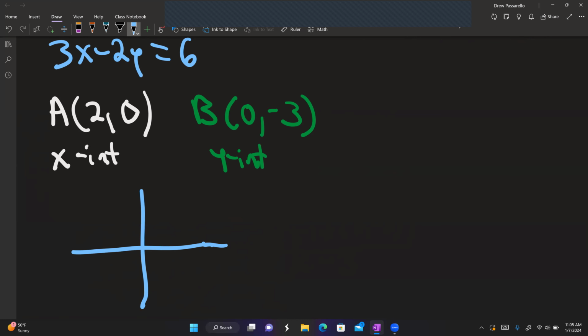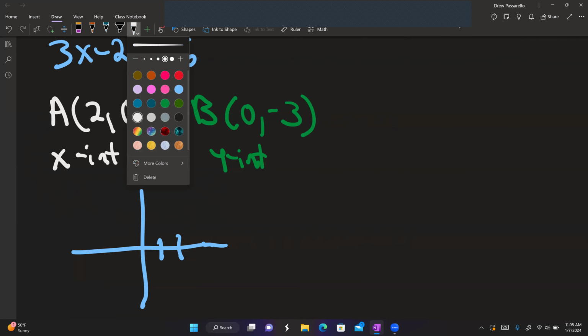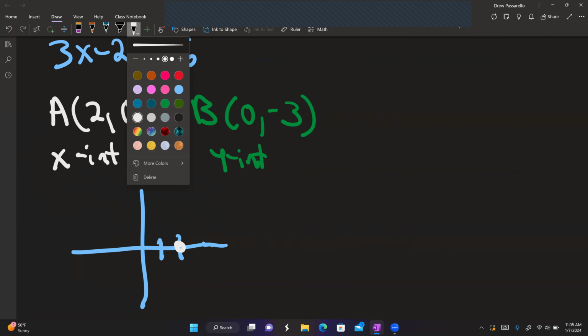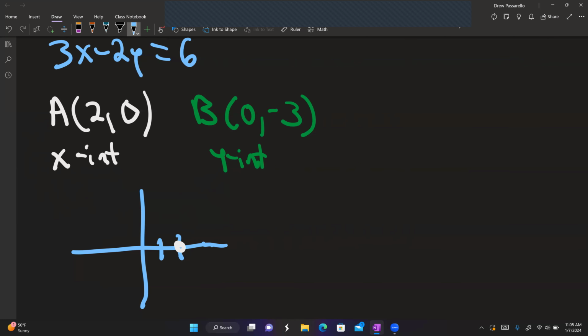All right, so I'm going to first plot point A. It's (2, 0), so that means it's at 2 on the x-axis. So let's start at the center. I go to the right 2 units, 1, 2, and that puts me here. That's point A. Now point B is -3 for the y-coordinate, so it's at -3 on the y-axis.